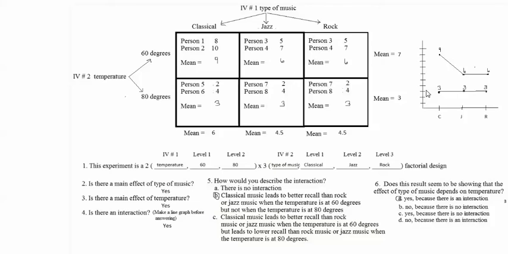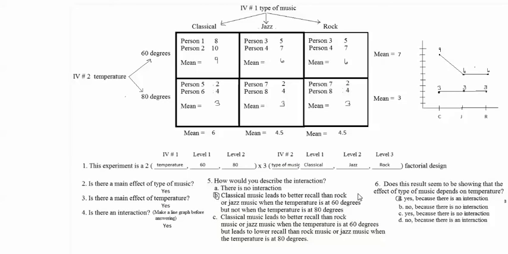So classical music leads to better recall than rock or jazz when it's 60 degrees, because 9 is higher than 6 and 6. But that's not true when it's 80 degrees, because when it's 80 degrees, the recall average is 3, regardless of what type of music you're listening to.